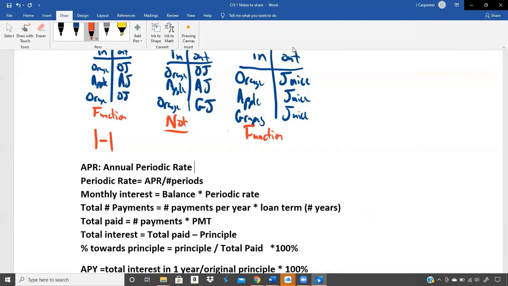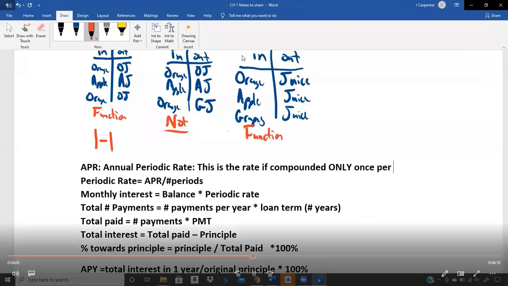So an APR is the interest rate if you just pretended, because it's usually pretending, that interest only accrued once per year. But what happens is we typically feel the effects of compounding. So again, this is the rate if compounded only once per year.